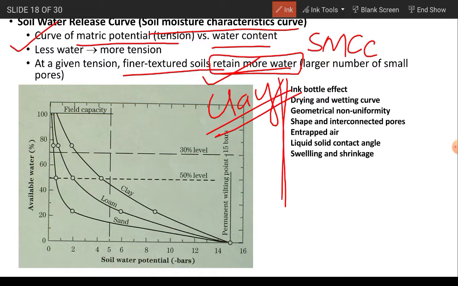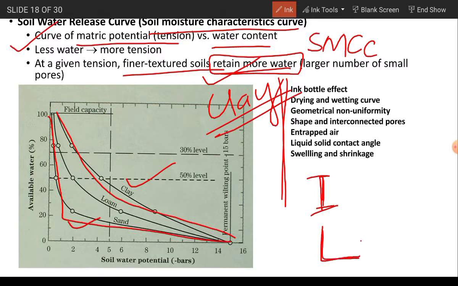You can see here the clay curve and the sand curve. The clay curve forms an I pattern, but the sand, as you can see here, is L shaped. This you must remember.